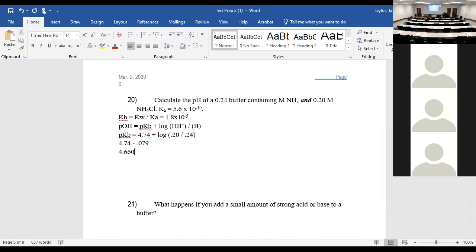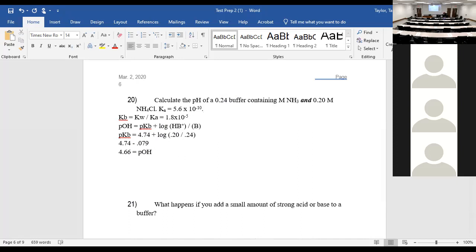And then we look back here. Easiest way to do that is you count the sig figs up here and then do that for down here. Use that rule if you get a little lost. That's equal to your pOH.